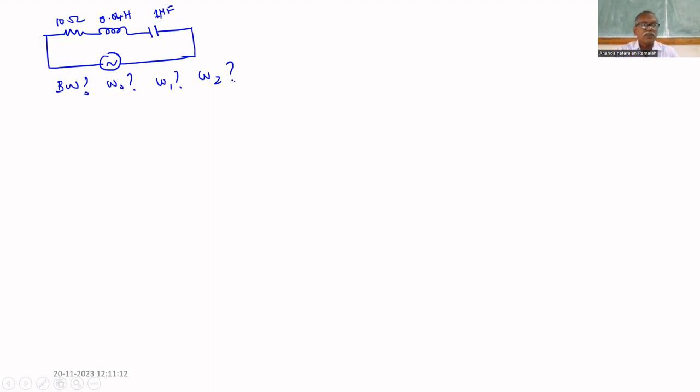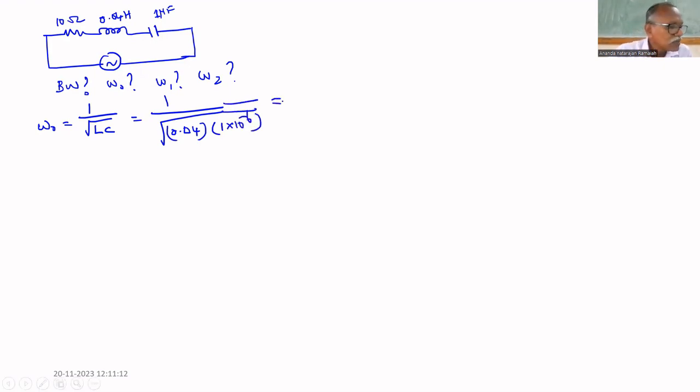Omega naught you can easily find. What is omega naught? Resonant frequency omega naught equal to 1 by root LC. Find 1 by square root of 0.04 multiplied by 1 into 10 power minus 6, equal to how much? 5,000 radians per second.